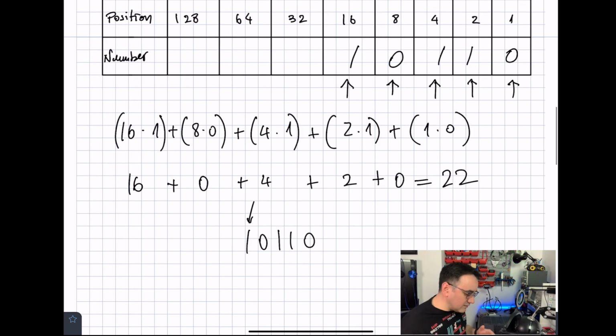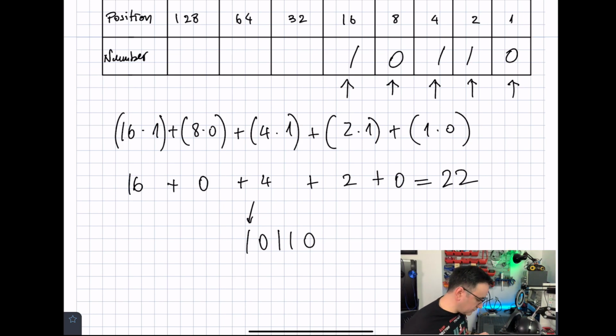What it means is that in every memory cell of this computer, the maximum value that can be stored is an 8-bit number. And an 8-bit number means a binary number composed of 8 binary digits, so 8 ones and zeros.